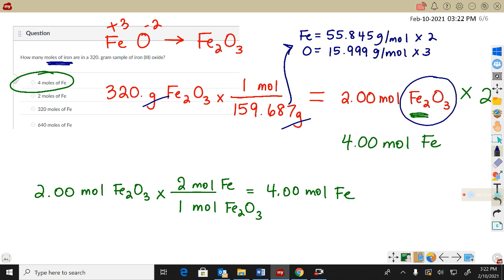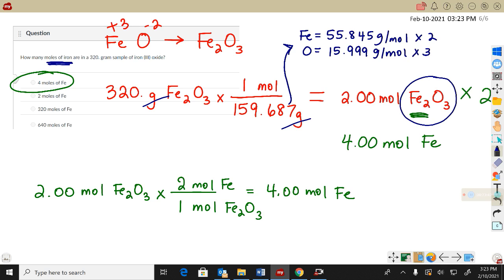That's not a big deal. There's 2 ways you could go about this. I mean, you could just think about it logically and say, okay, well, for every 1 molecule, there'd be 2 atoms of iron. Moles is just a unit that measures a quantity. So for every mole of iron oxide molecules, there'd be 2 moles of iron atoms.